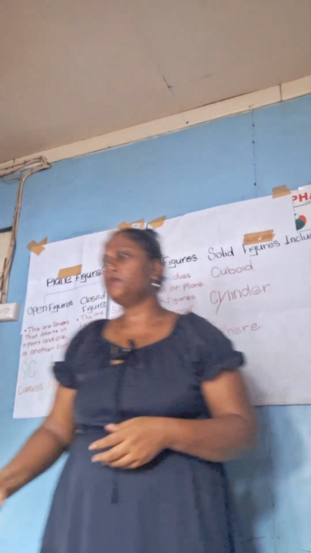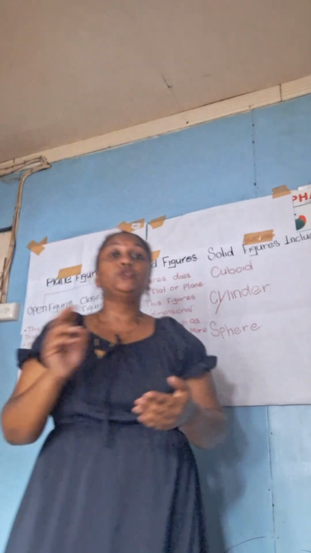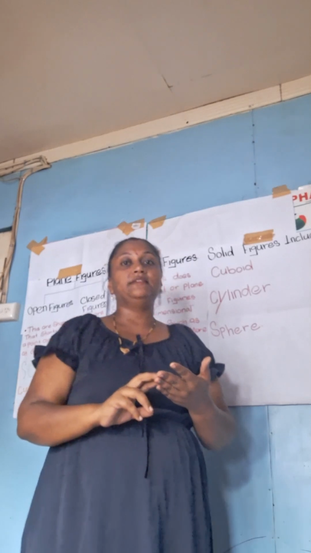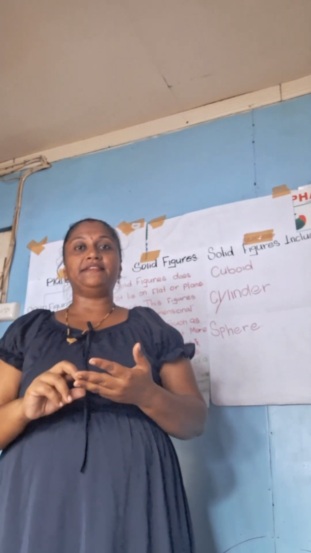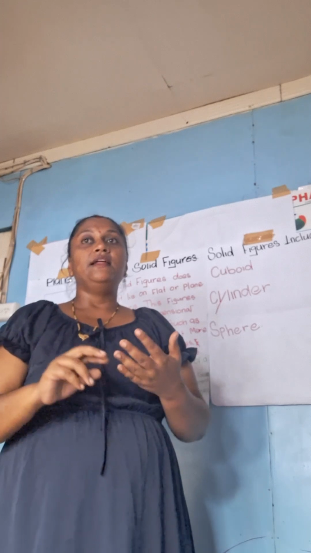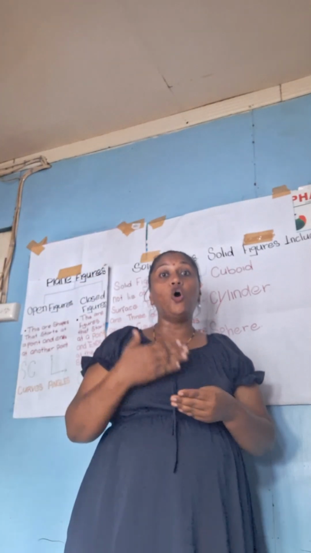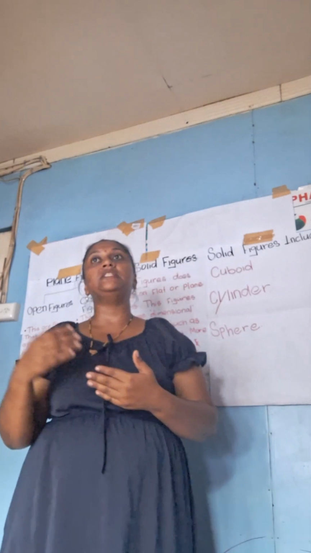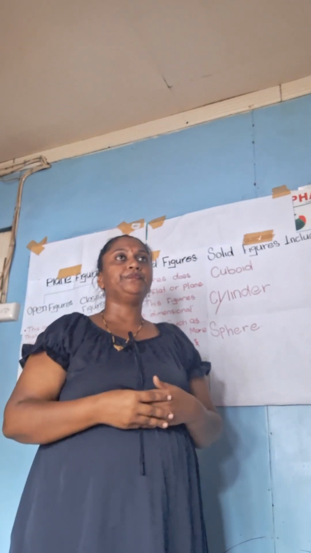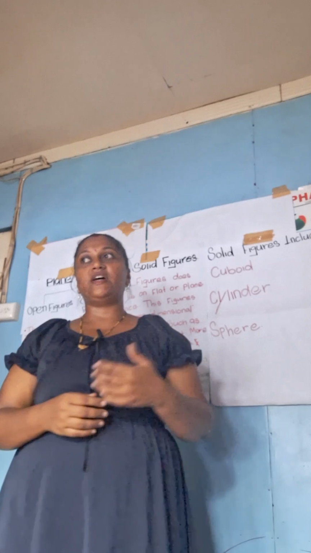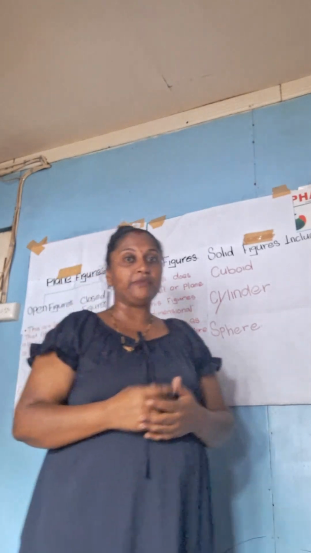Now, there are two different types of plane figures, characterized into two different kinds. One is the open plane figure and the other one is the closed plane figure. Now, I have a chart and I want you all to concentrate, please.